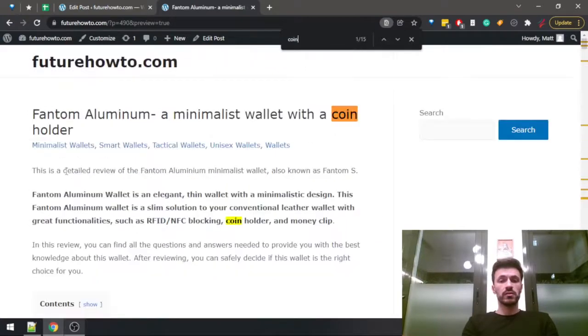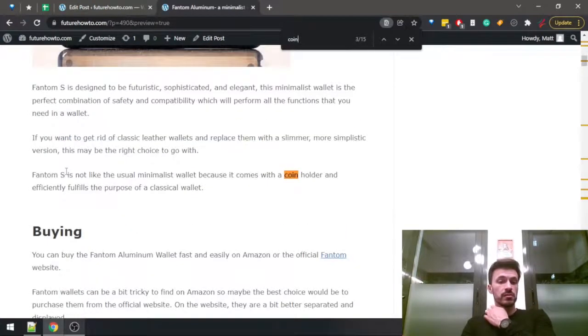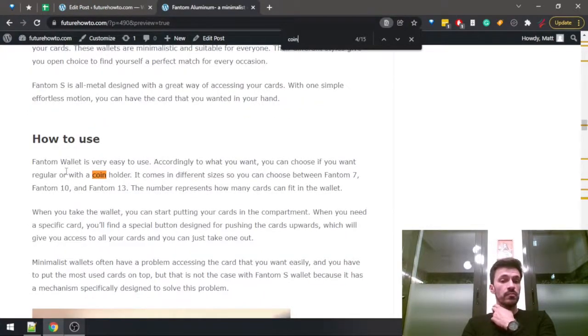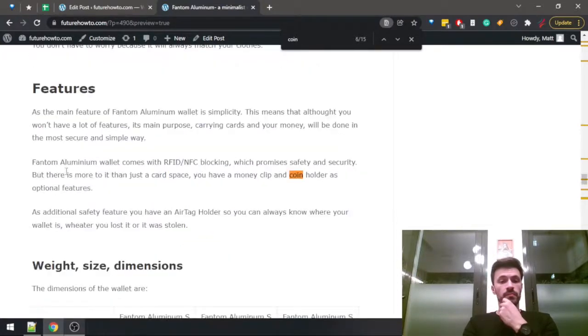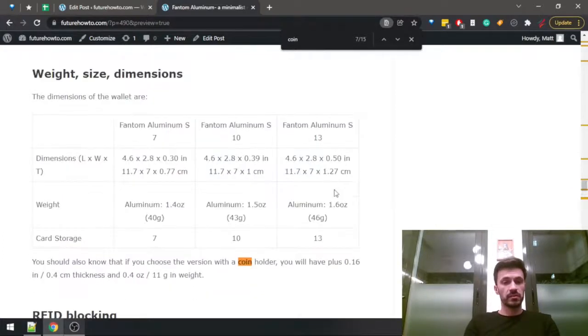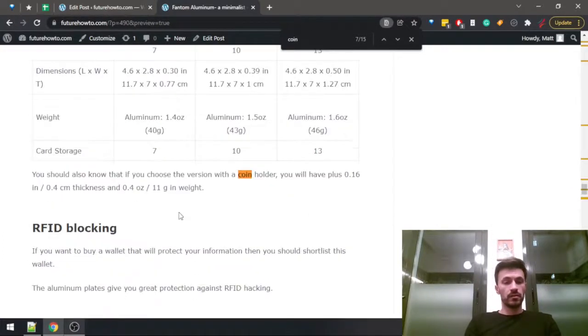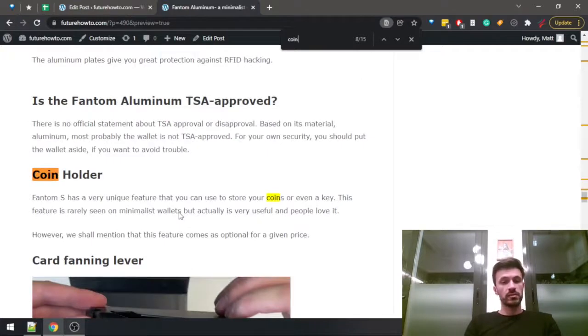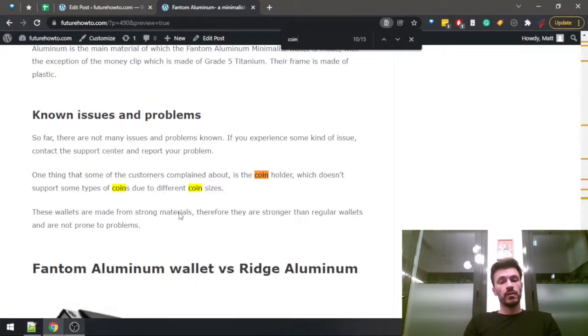Coins, what's going on? Oh, coin holder, nice. I don't see a capacity for coins in here.